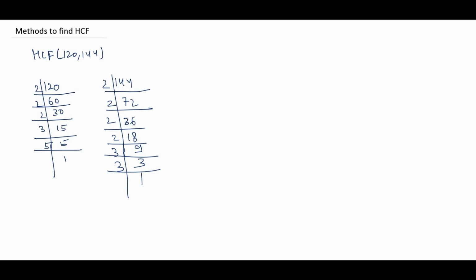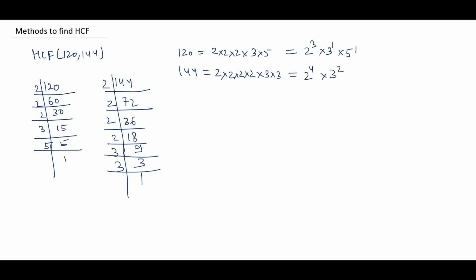Now 120 can be written as 2 into 2 into 2 into 3 into 5, and 144 can be written as 2 into 2 into 2 into 2 into 3 into 3. This is nothing but 2 cube multiplied by 3 to the power 1 and 5 to the power 1, and this is nothing but 2 to the power 4 multiplied by 3 square.